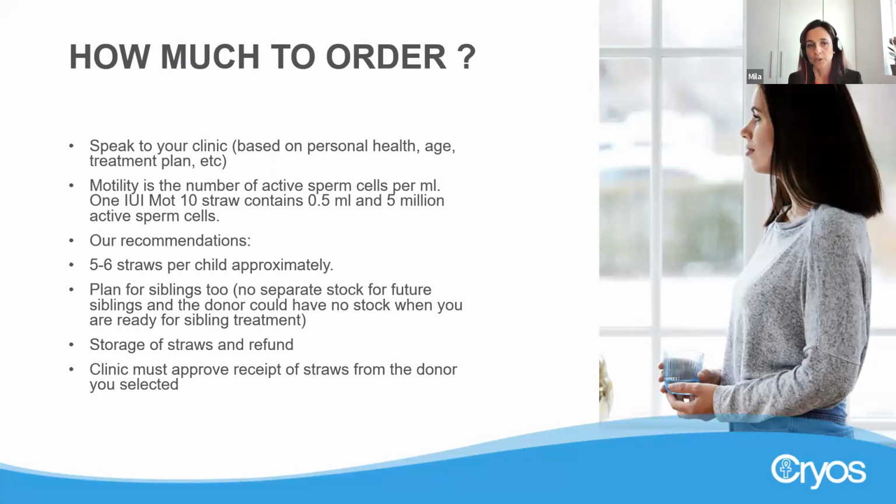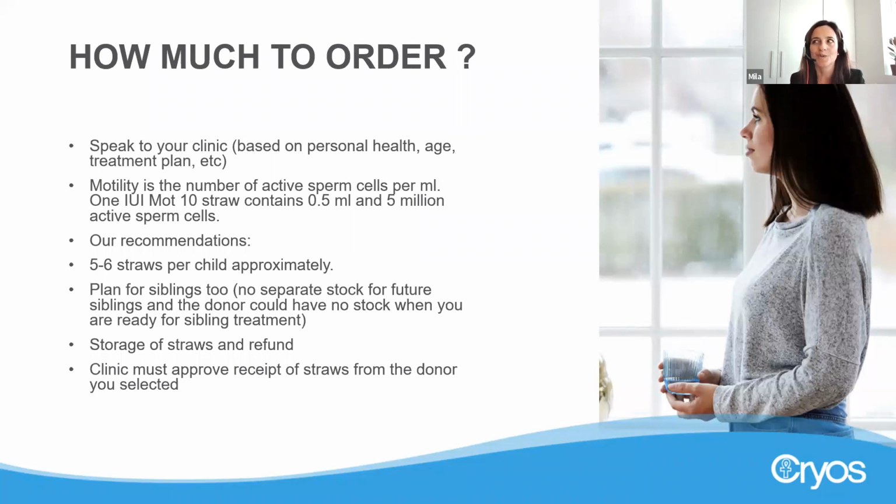If they say it's up to you, then our recommendation is one IUI motility 10. It's usually fine for most types of treatments. You might want to confirm it with your clinic. We don't know what treatment you're getting, and we don't know your history or your age, your personal health. So it's important that you discuss it with your doctor.